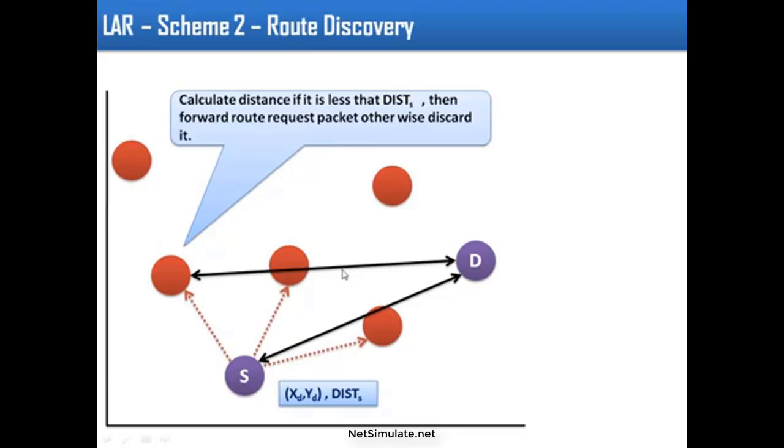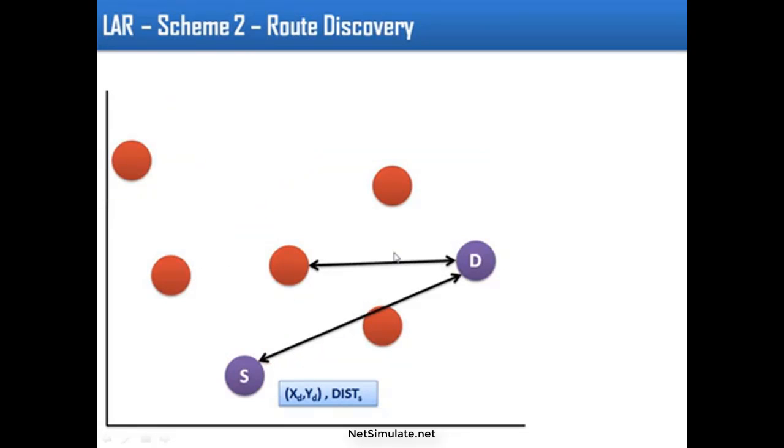If this distance is less than the distance between S and D included in the request packet, in that case it will broadcast the packet, otherwise it will discard it. Here we can see this distance is greater than that distance, so this node will not broadcast the request packet.